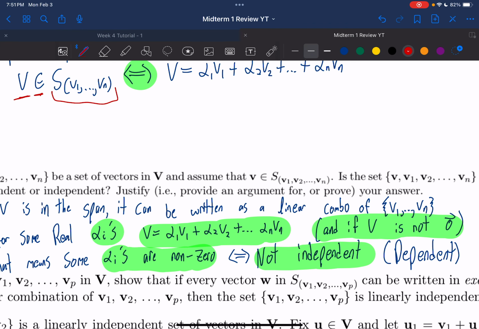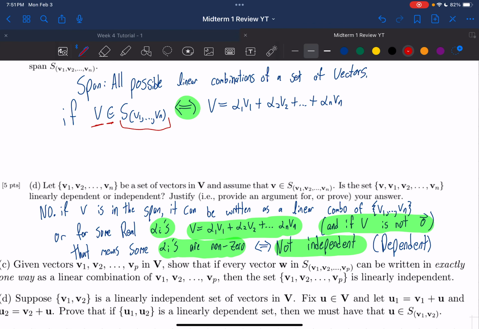So if you have a set of vectors, let's say they're independent, and then we have another vector that's equal to scaling and adding these vectors, then it makes sense that we no longer have independence, because now we have some element that we can move stuff around for, and it can be constructed by all the other stuff.